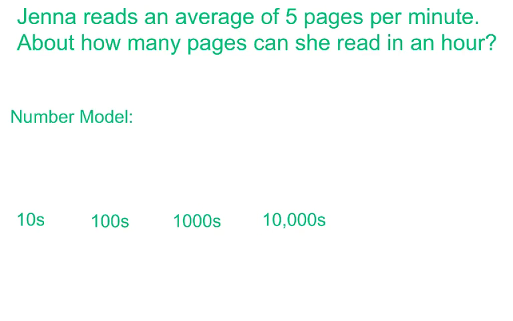And then finally, our last problem that we're going to go through is Jenna reads an average of 5 pages per minute. How many pages can she read in an hour? Well, we know that there are 60 minutes in an hour times 5. Okay, so this problem is actually simple enough that we really don't need to do an estimate, but we can still solve and use our magnitude estimate with our results.